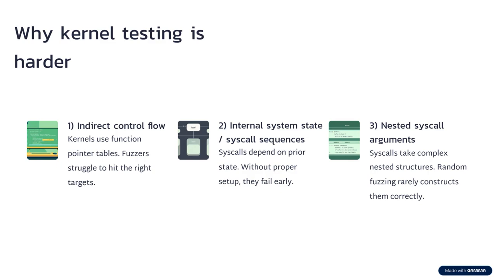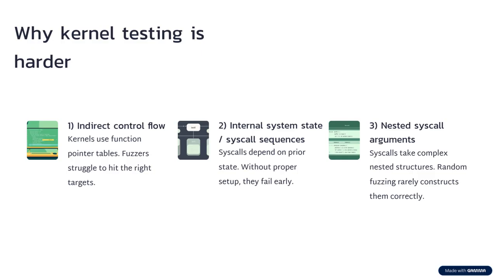And the third one is having nested arguments. So the kernel a lot of the time will copy structures from user space into kernel space. One structure can contain a pointer to another buffer, and it can also have a length field that specifies how big that is.